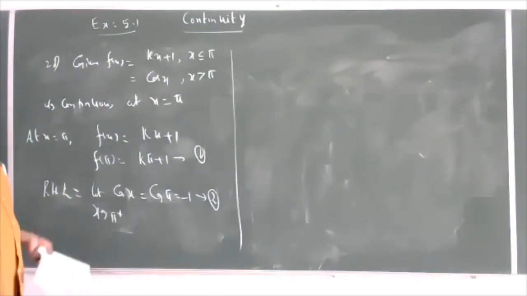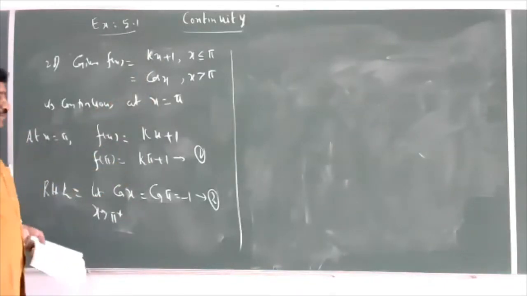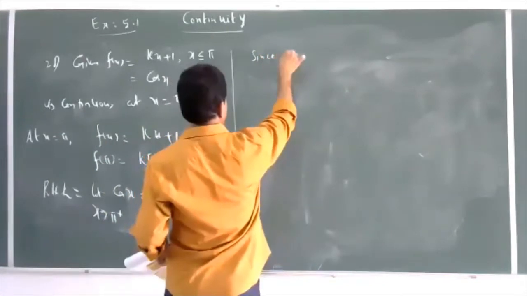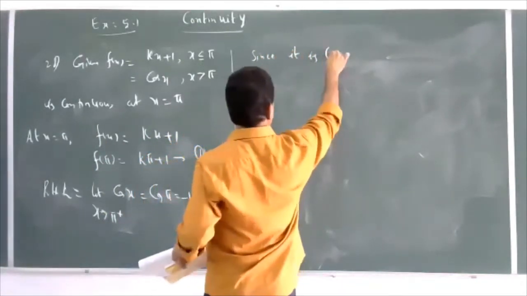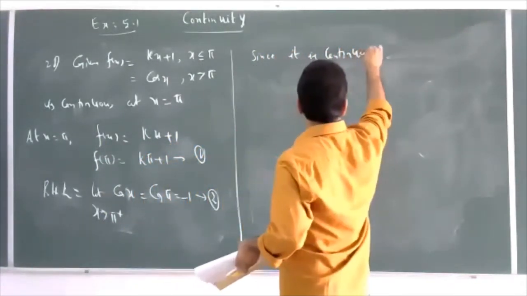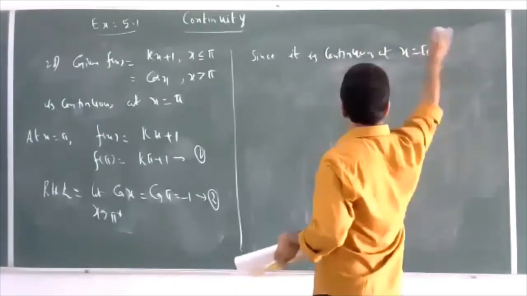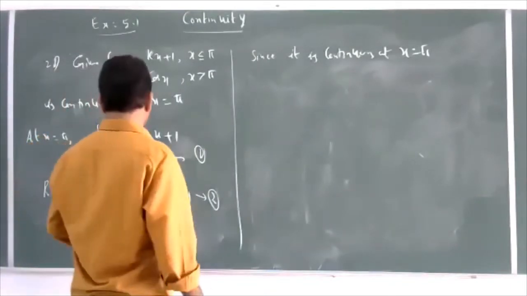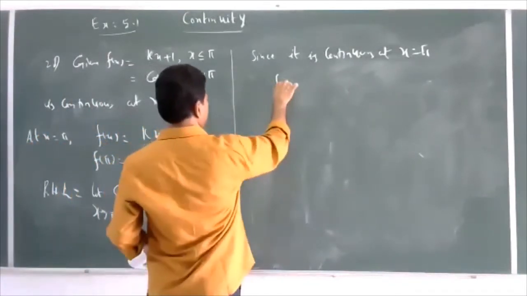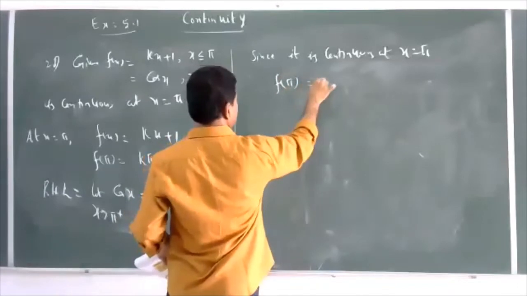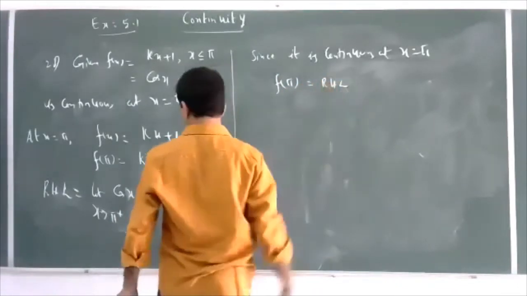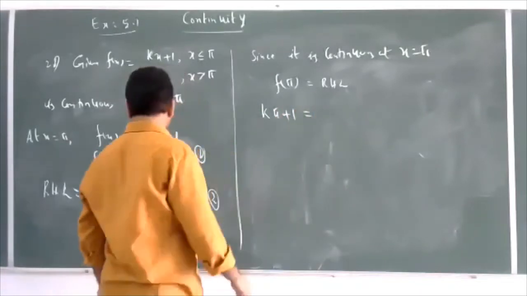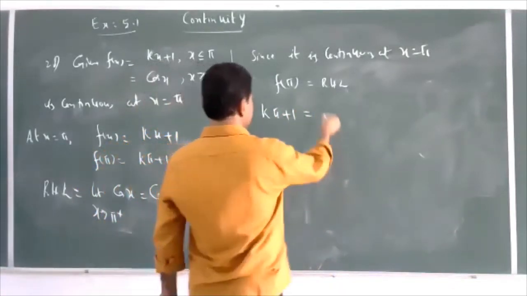Left limit is the same, k pi plus 1. So function value f of pi is equal to the right limit, that is k pi plus 1 is equal to minus 1.